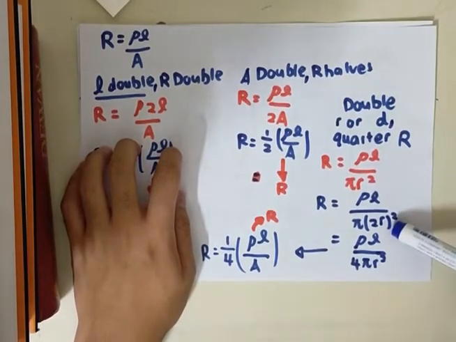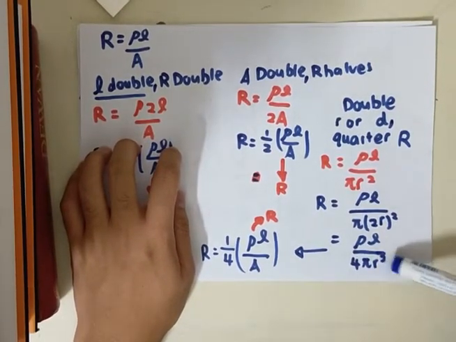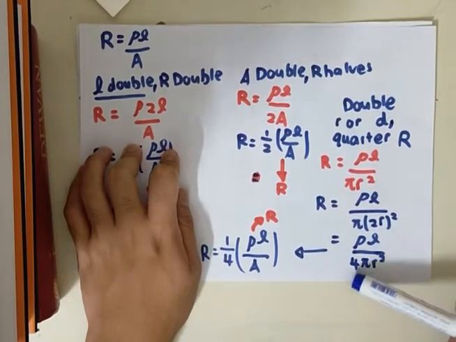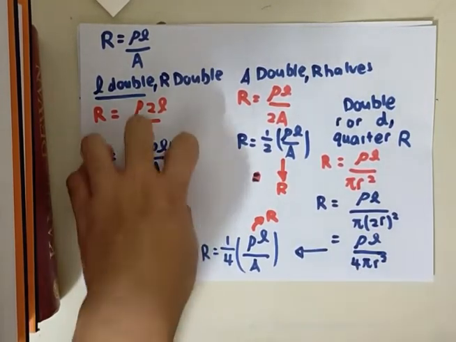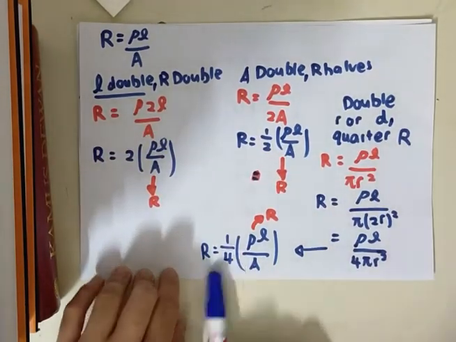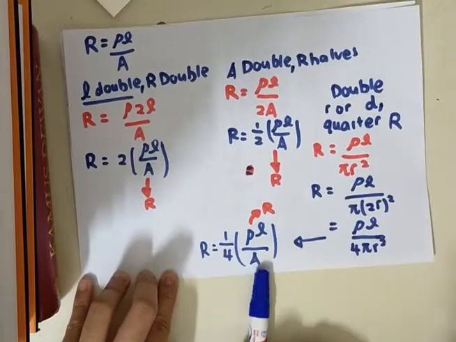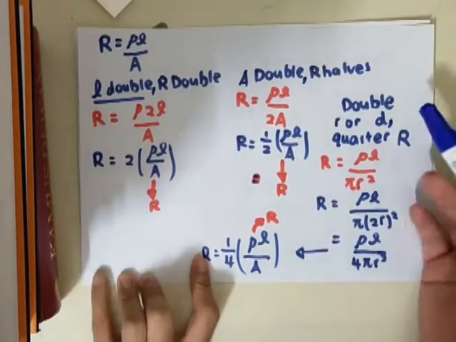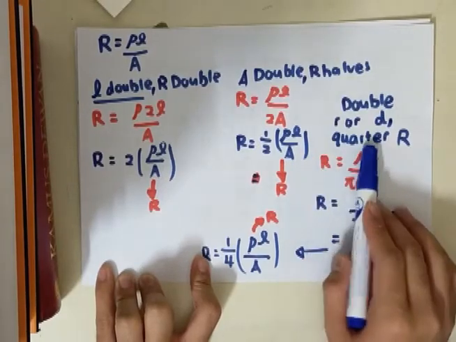When you do that, you get pi times 4r squared, so rho L over 4 pi r squared. That would bring you to a quarter of the resistance. So if you double your radius or your diameter, your resistance will quarter.